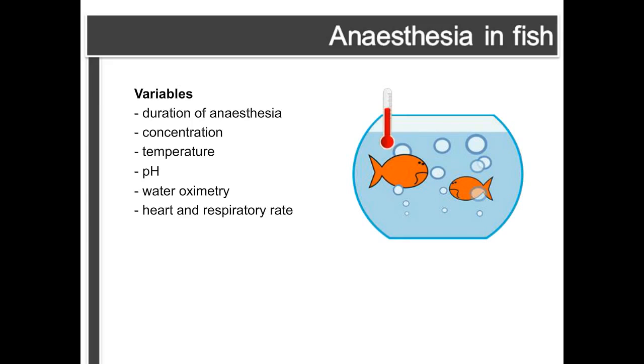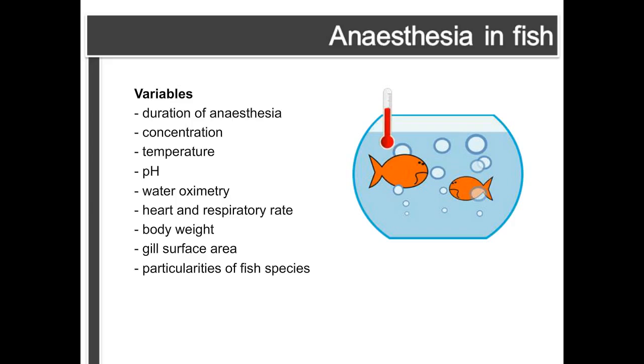The heart and respiratory rate of the animal can also influence the anesthesia and the way it is metabolized. The body weight of the animal matters, so smaller animals have more problems with overdose. The gill surface is also very important.